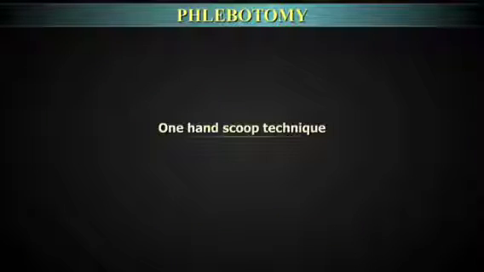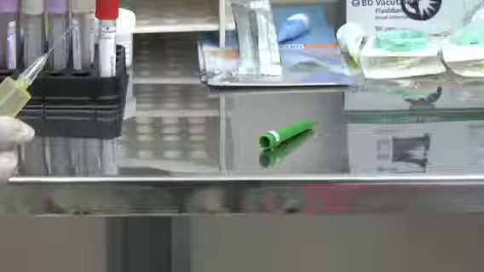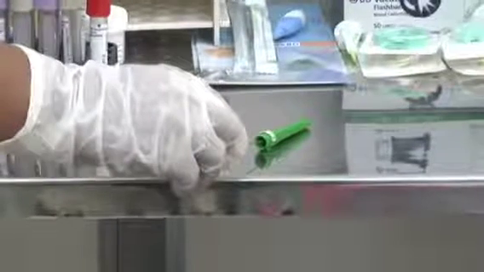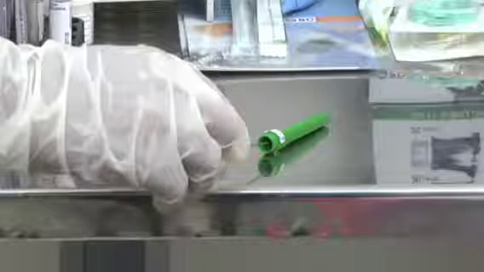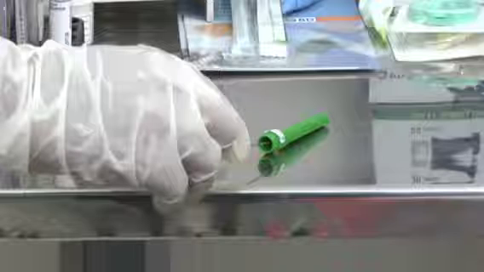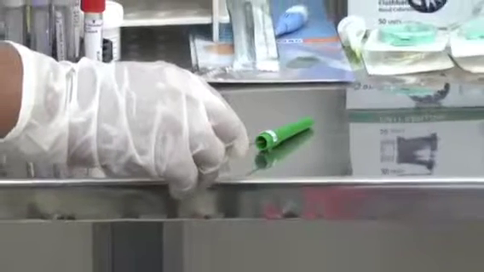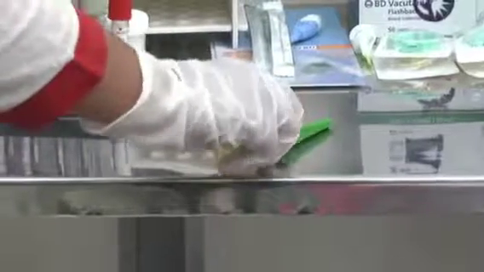One-hand scoop technique. Leave the needle cap on the surface and guide the tip of the used needle into it using only one hand. Place the needle cap against a firm upright surface with its opening towards the phlebotomist and place the used needle tip into it.